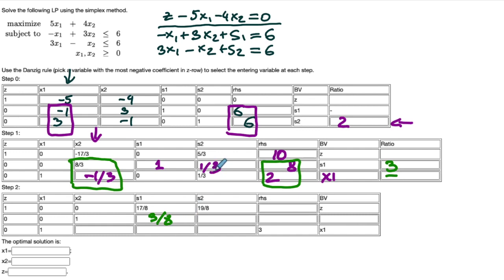Then 1/3 times 3/8 is gonna be 1/8. And 8 times 3/8 is 3. And the new basic variable in this row is going to be x2. So we see that here, because the S1 row was the winner of the ratio test, S1 left the basis, so now our basic variables are x1 and x2. Okay, so we completed one row for the basic variable x2.